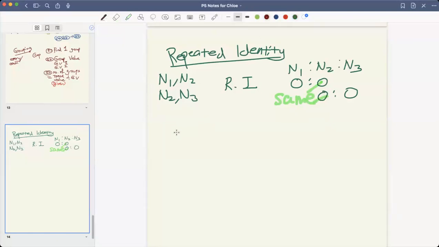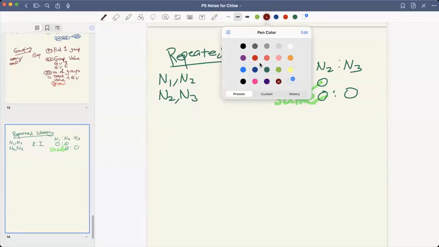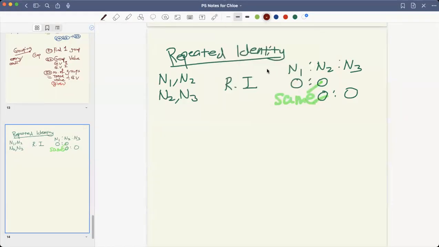Okay, next. There's another type. Okay, this one has ratio, and you literally see ratio. You see two ratios.